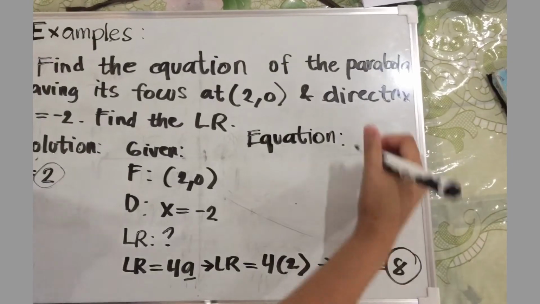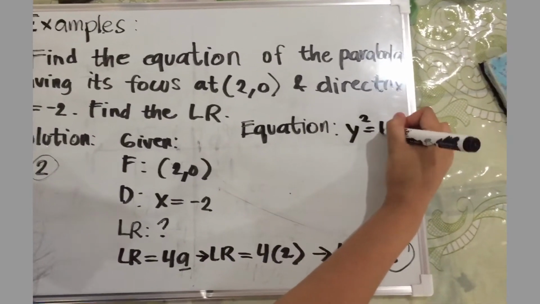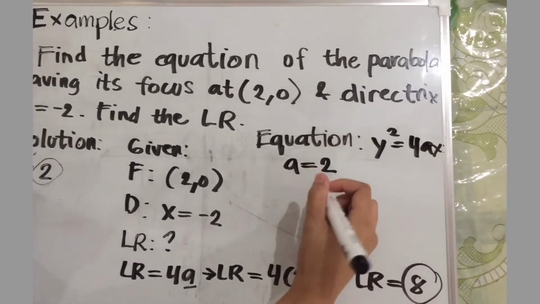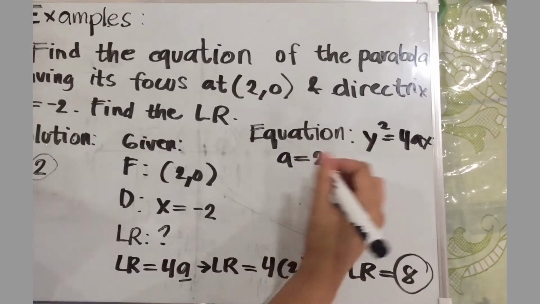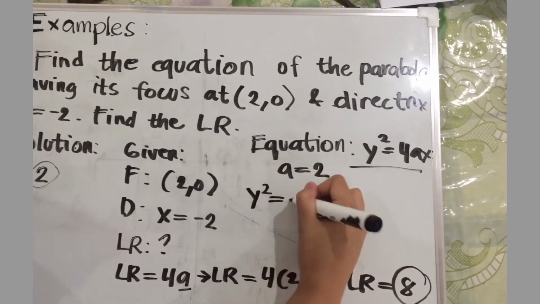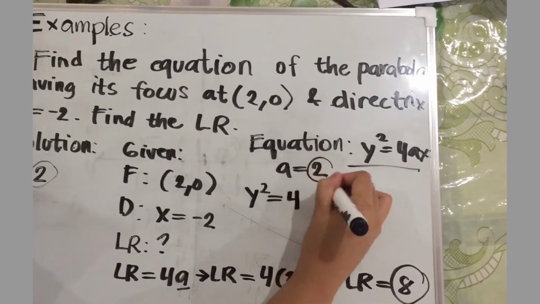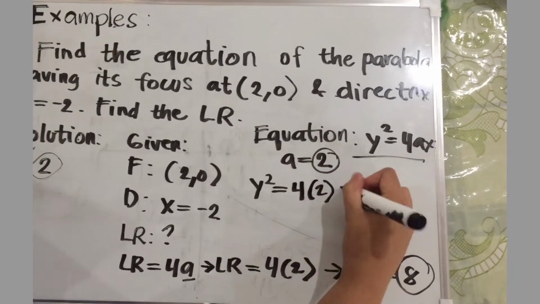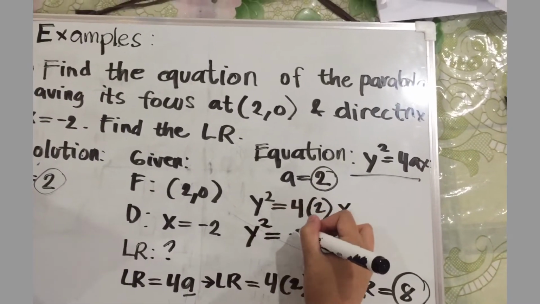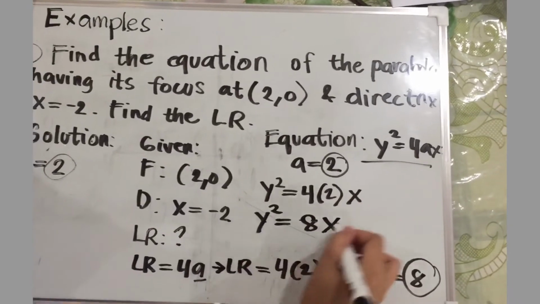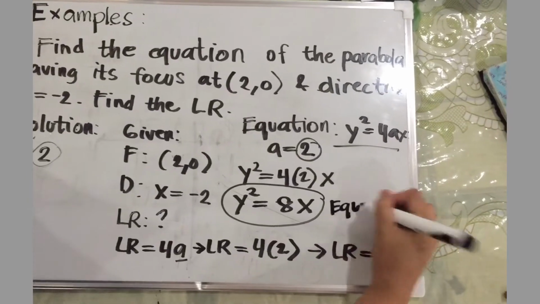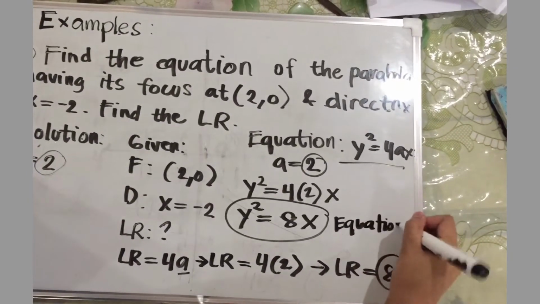So from the standard form, y squared is equal to 4ax, where a is equal to 2. So we substitute: y squared equals 4 times 2x. So that will be y squared is equal to 8x. So the equation is y squared equals 8x.